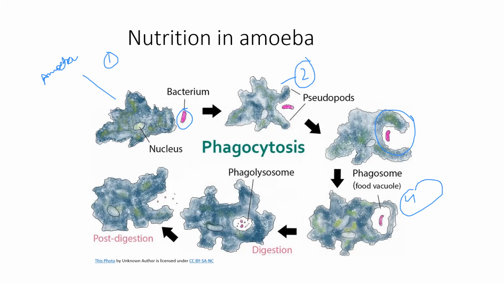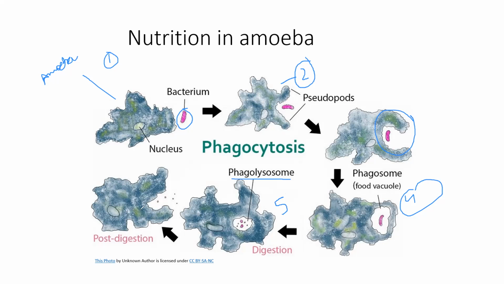The lysosome plus this food phagosome which is formed is known as the phagolysosome. As you all know, lysosomes are known as suicidal bags as they contain enzymes which help in digesting. So whatever food is ingested is digested in this particular phagolysosome. So that is your step number 5.